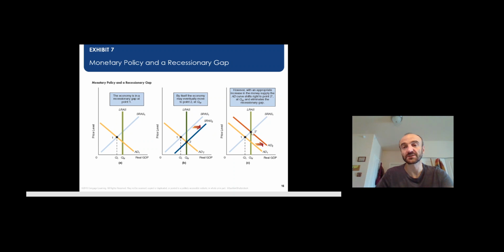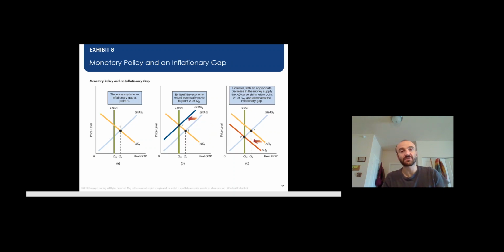You see how the price level is higher on image 3 than on image 2. So that's the note of caution that monetarists have. If you want to stimulate the economy by monetary policy in a recession to overcome the recessionary gap, then you have to pay a higher price for that in terms of a higher level of inflation.